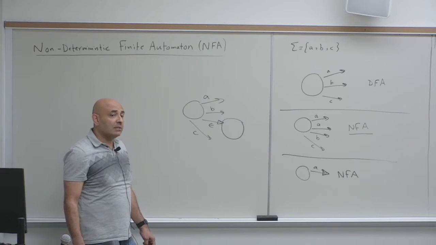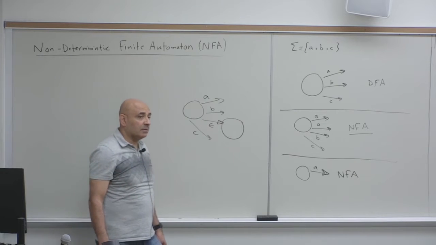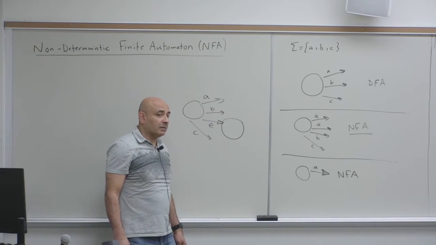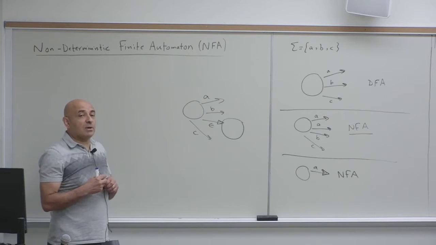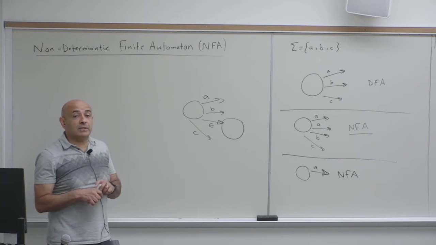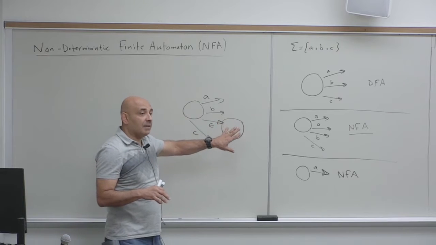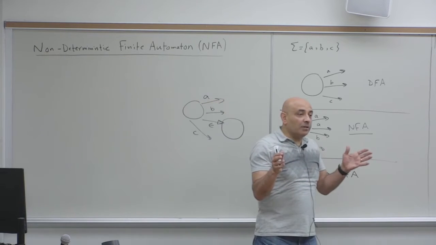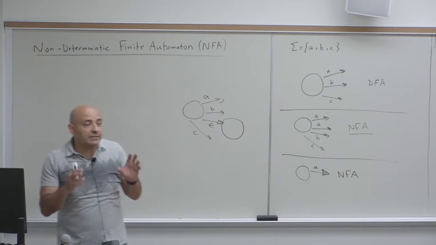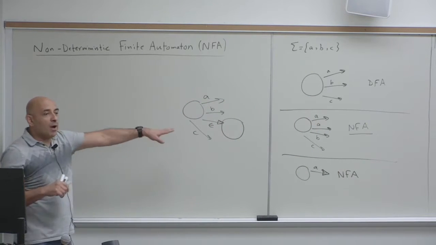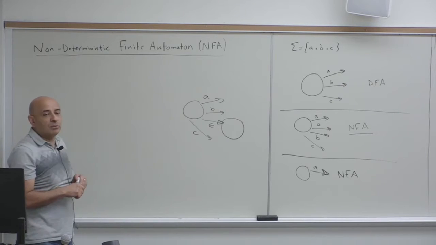Yes, another question. What determines, as far as the second example for NFA, not the one with the single line, which path is taken when A comes up? We'll see that. Like I said, right now all we need to understand is the definition of an NFA. How useful it is, and whether it makes sense or not, is what we will see when we go through the example. So don't worry at this point about why this makes sense and why it is useful.